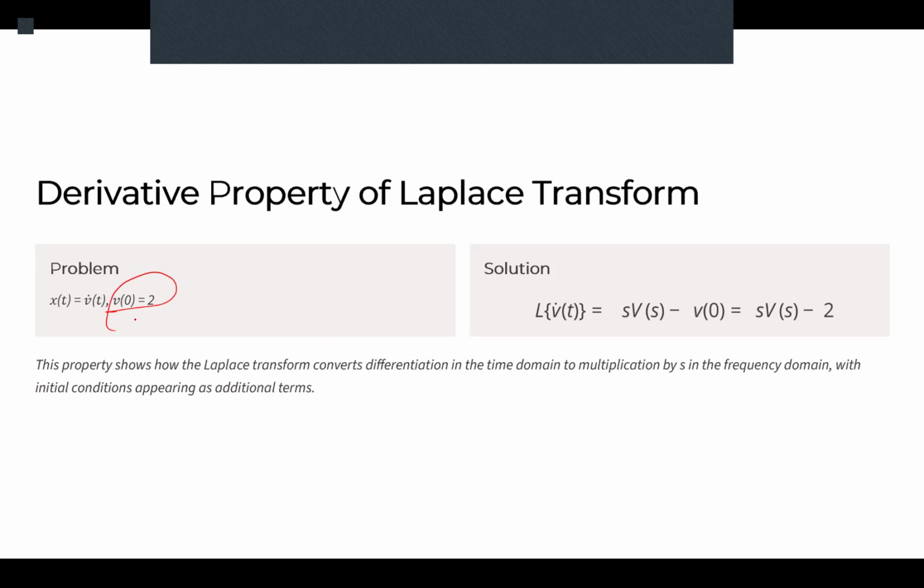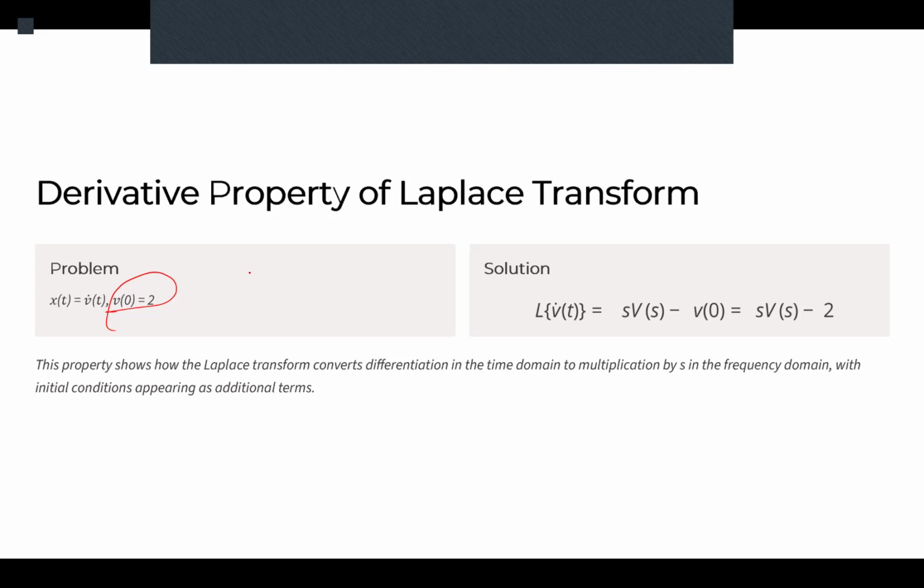Now, from the characteristics, we know that the Laplace of v dot is going to be s V(s) minus the initial value, which here is going to be s V(s) minus 2. Now, again, let's have fun and actually run the integral.